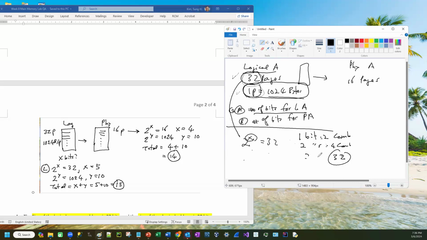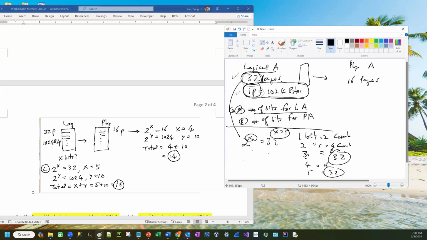As you can see, if I have 3 bits, then I can have 8 combinations, right? So we can kind of go down the line. If I have 4 bits, it'll be 16. If I have 5 bits, I can get 32 combinations. That's the reason why I said x is equal to 5. If I have 5 bits, I can address all these 32 pages.